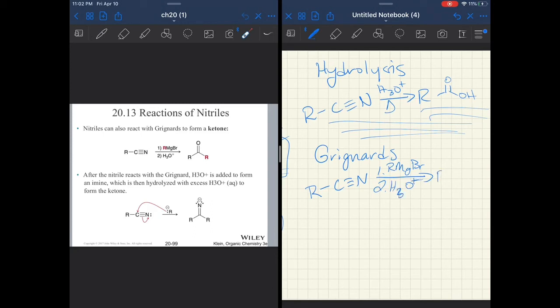But in this case, you are actually going to stop at a ketone, where you add the R group from the magnesium. Again, you want to make sure that you're counting your carbons. This nitrile carbon is your carbonyl carbon.